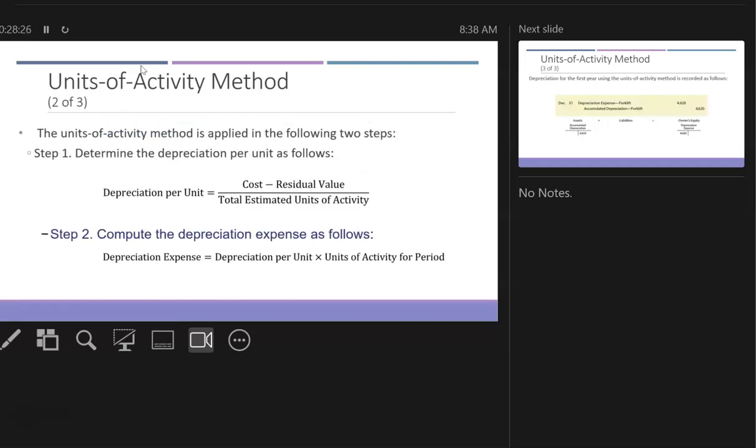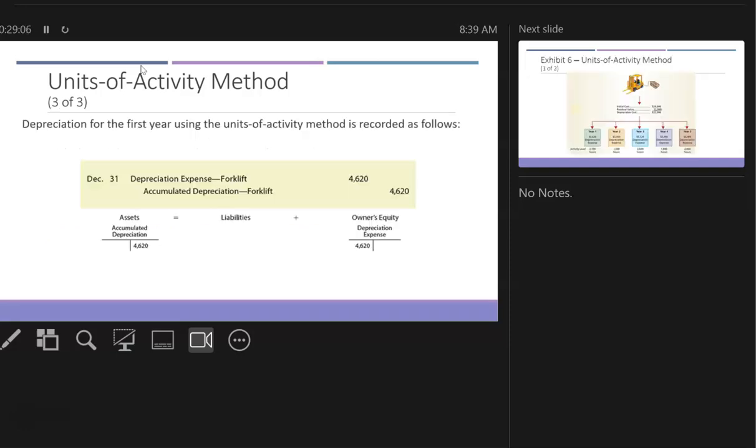So, the units of activity method is figured by the cost minus the residual value divided by the total estimated units of activity. Do you know when we were doing straight line, we were doing it over a period of years. But for that forklift, we could do it over the number of hours. We can estimate the hours we believe this forklift's useful life is. And depending on how many hours each year, we can take depreciation based on some method of activity.